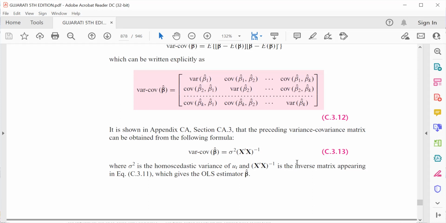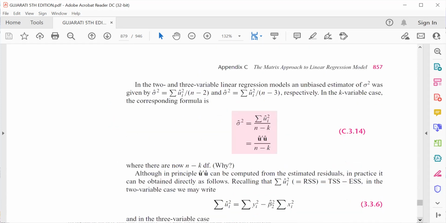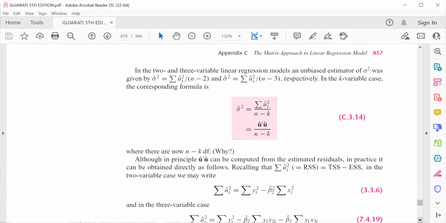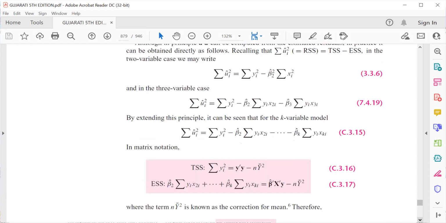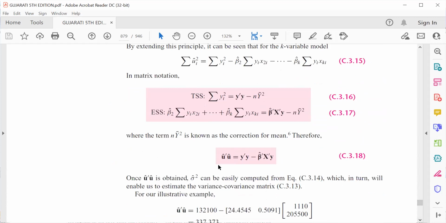How to calculate sigma square? Sigma square is (y prime y minus beta prime x prime y) over n minus k. Mu prime mu is y prime y minus beta prime x prime y.